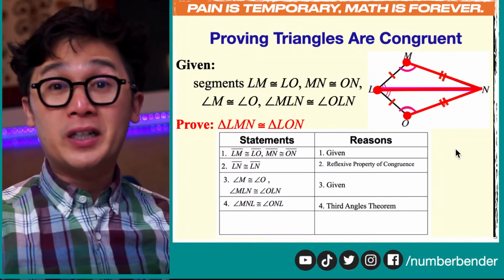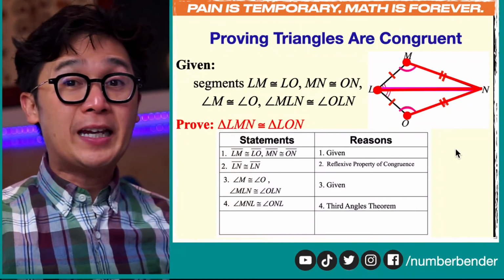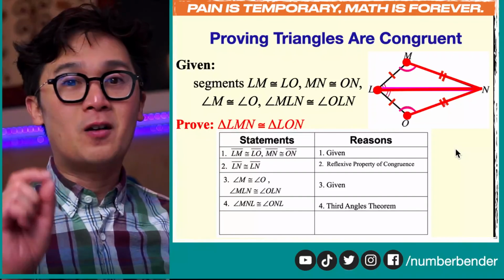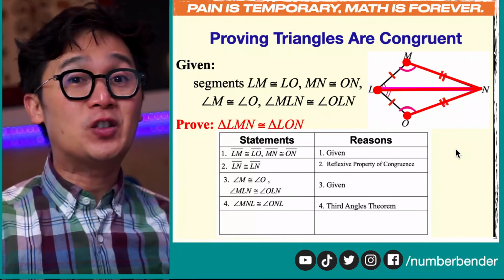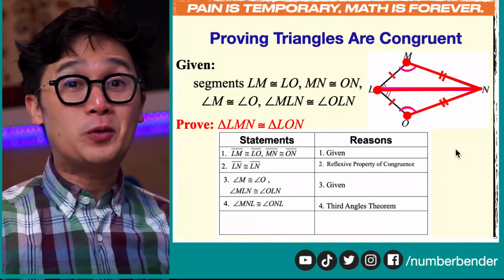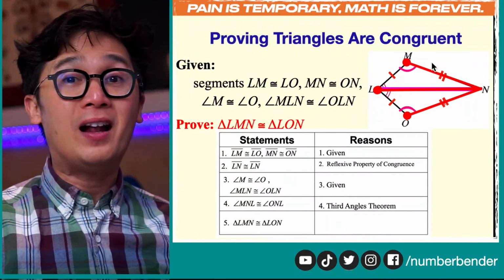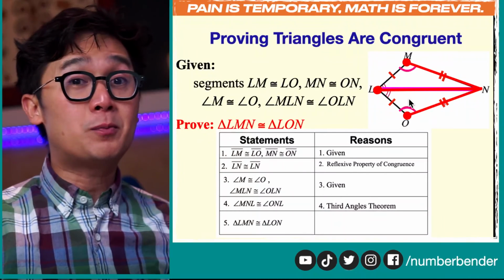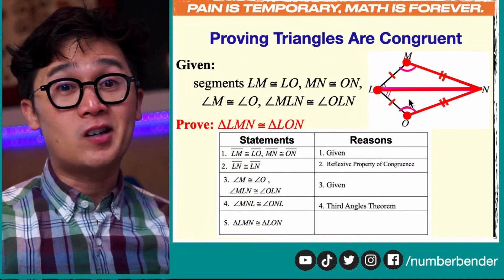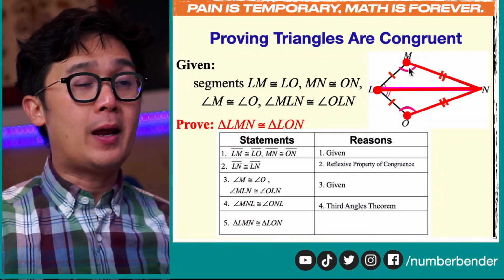So now that we know the reason from our statements, we have one last line to fill, and that is to prove that LMN is indeed congruent to OLN because we know that the corresponding parts of the two triangles are congruent.